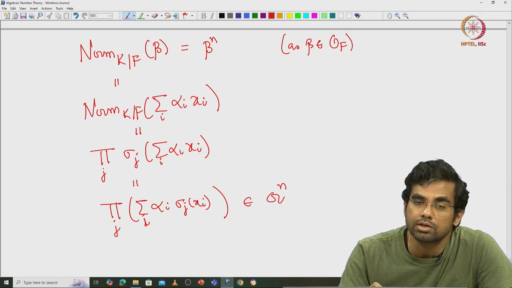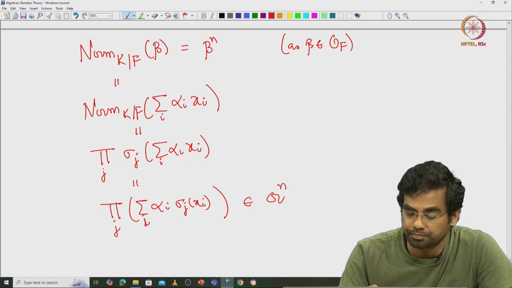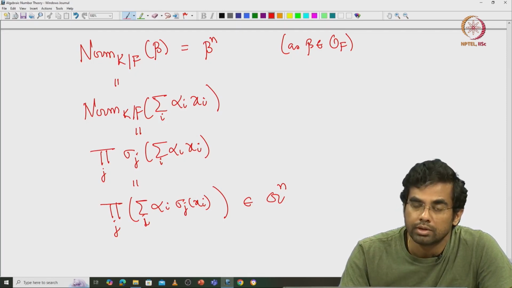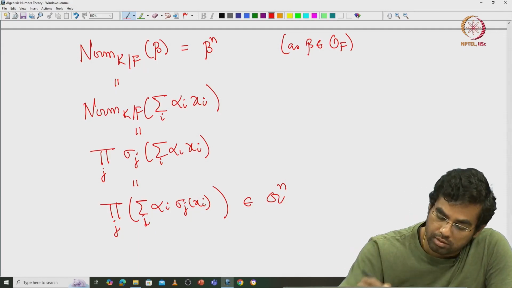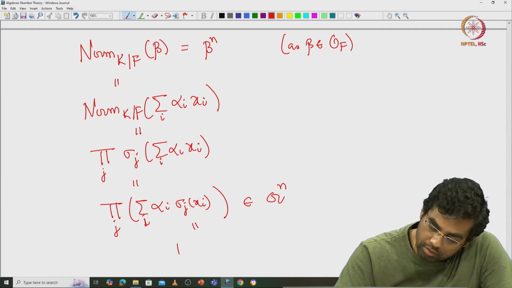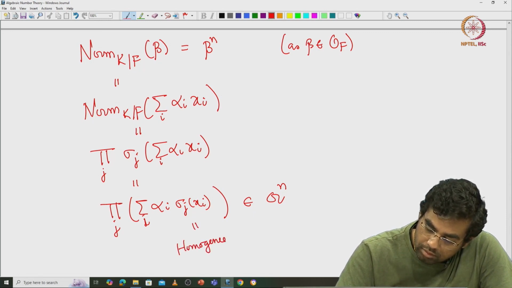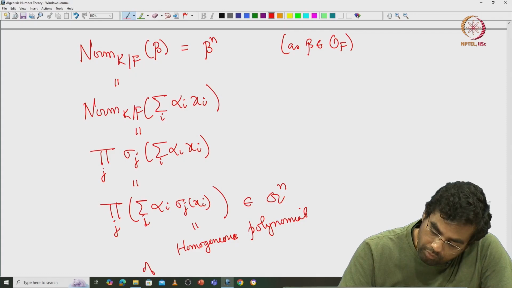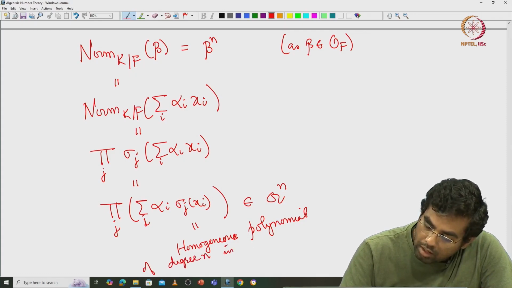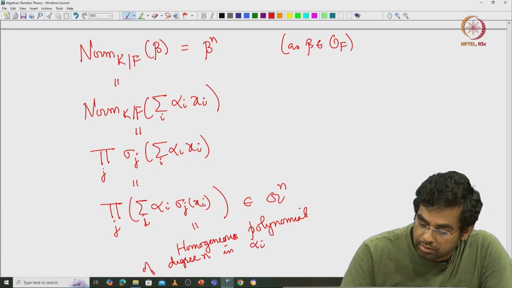So, these functions are in OF, and then it is a homogeneous polynomial of degree n in alpha i's.